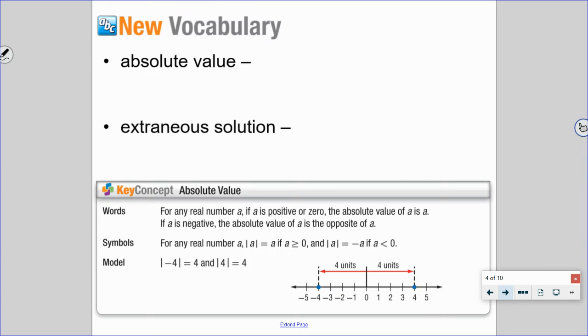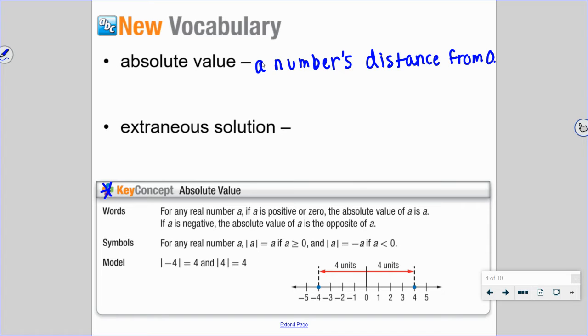All right, if you ever go too fast with the video, just remember you can look back at the notes on Google Classroom, or you can always rewind the video. Couple new vocab. So our absolute value, and I mentioned this in the warm-up, that is a number's distance from 0 on a number line. And you can take a look down here at this little key concept box, as they have an example here.